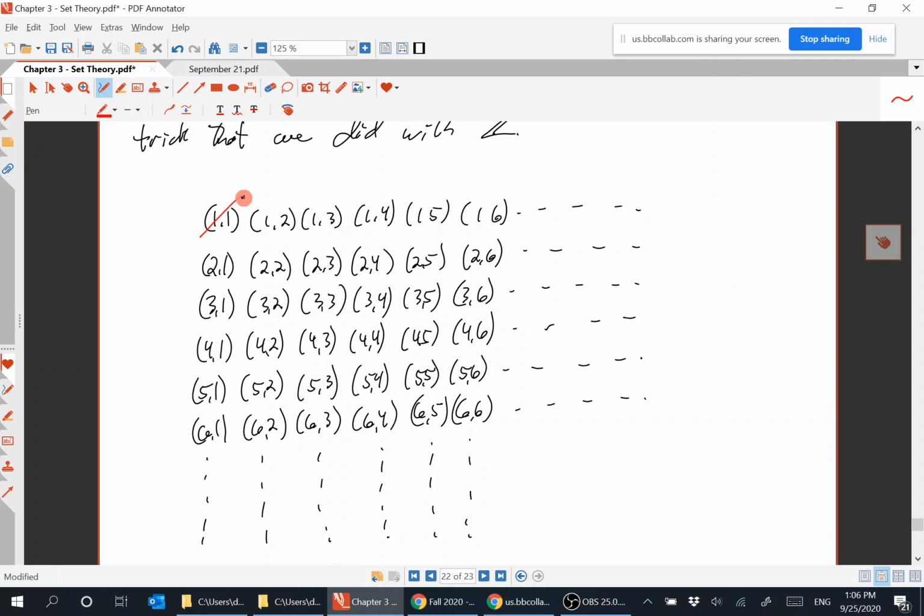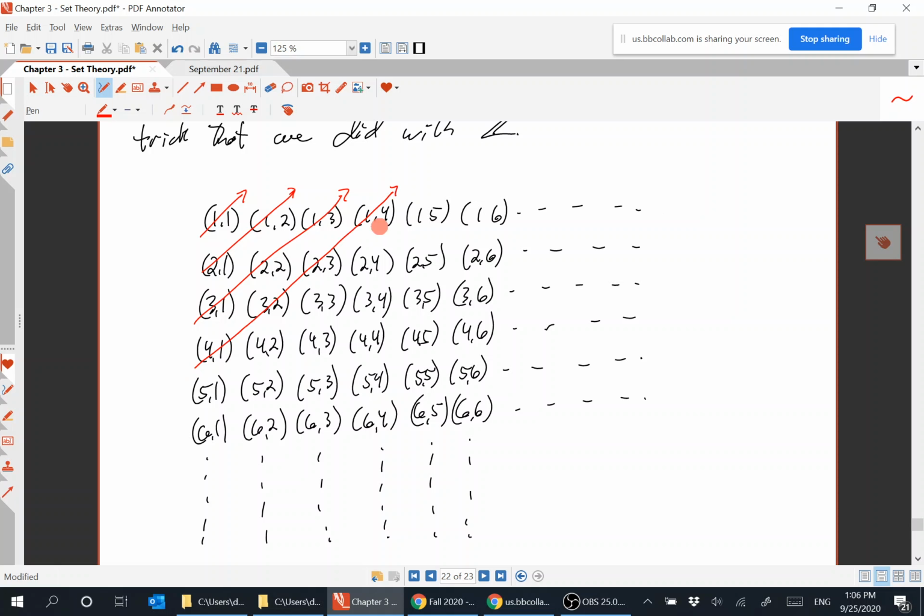Consider the triangles here. So this is the line where both coordinates add to 2. This is the line where both coordinates add to 3. The sum of the coordinates is 4, right?